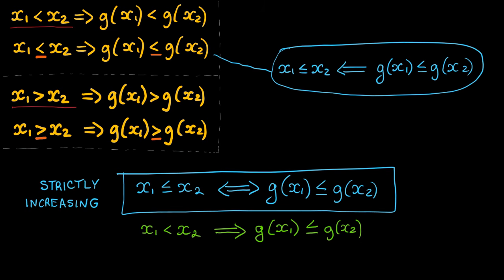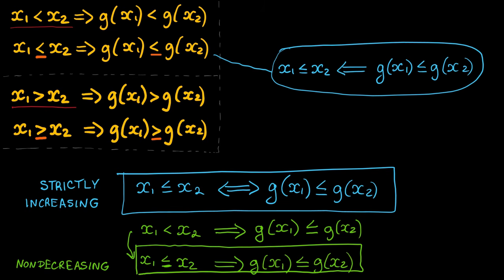And notice that this statement now implies its kind of weaker form, where we put an equal sign here on the left. And nothing changes on the right, because when x1 is equal to x2, g of x1 will be equal to g of x2, but that was already in there. This statement at the bottom that we boxed can be taken as the definition of a non-decreasing function g.